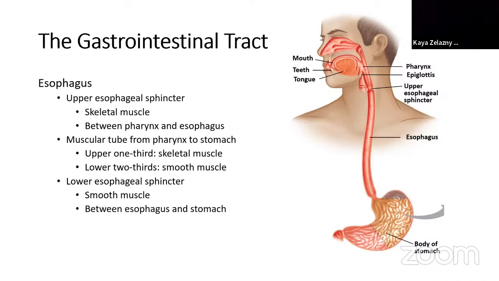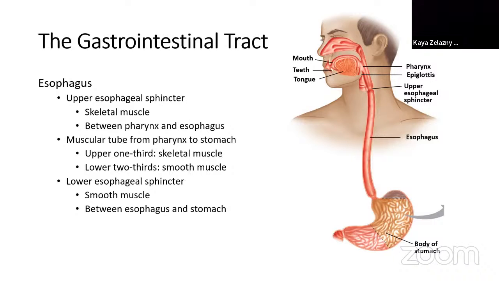When we see two sphincters, we're often going to expect that one's made of smooth muscle and under unconscious control, and one's made of skeletal muscle and is under conscious control. So the upper esophageal sphincter is the one you can control, the one at the top, at the base of your throat. It's made of skeletal muscle. So it's controlling that entrance from your pharynx into your esophagus as you swallow.